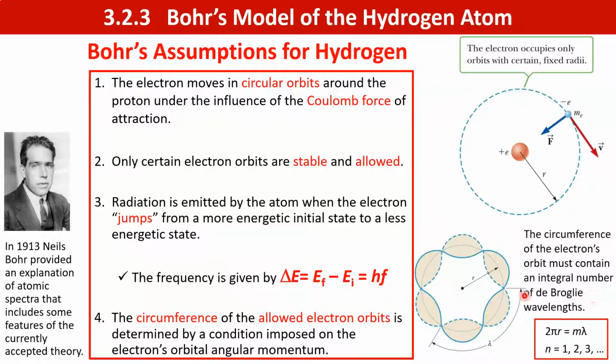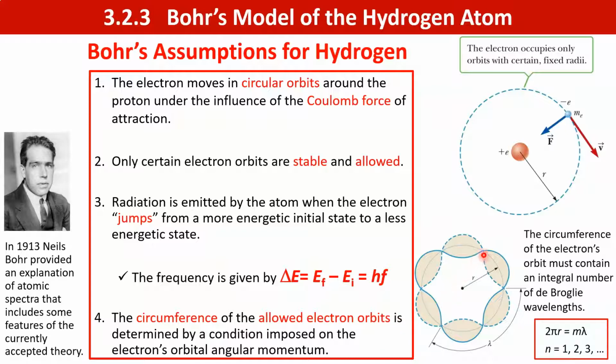This is also important because only certain orbits are allowed, and the circumference must fulfill the condition where it fits the wavelength.